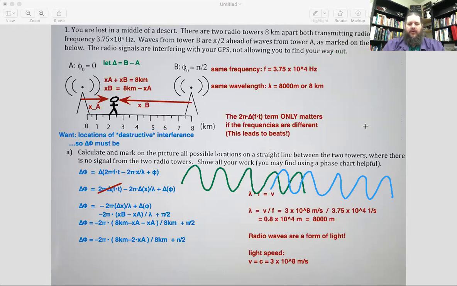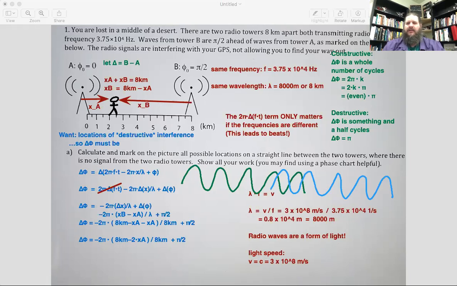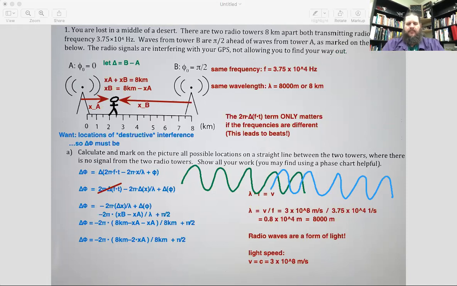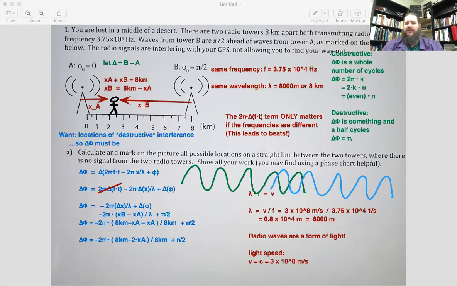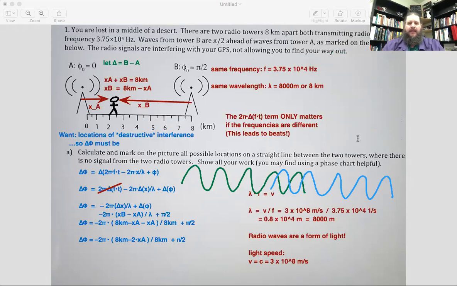Pi. So it could be exactly pi, that's half a cycle. What about 1.5 cycles? What would that be in radians? 3 pi over 2? 3 pi over 2 is 3/4 of the cycle though. If we want exactly 1.5, yeah, that'll be 3 pi.